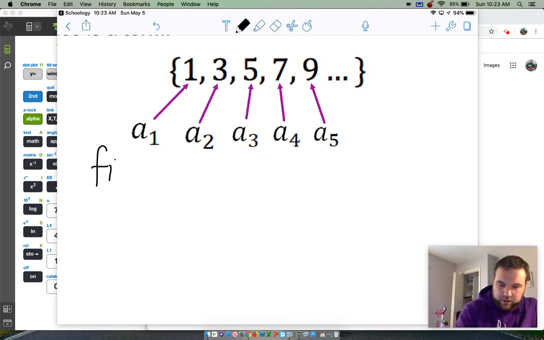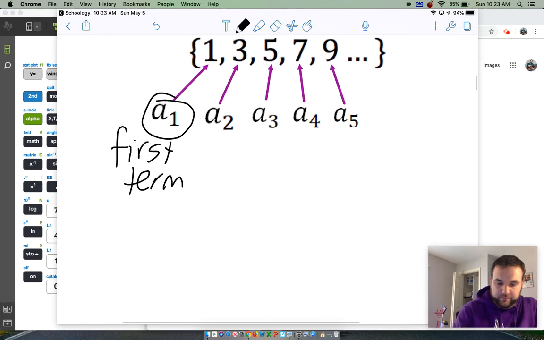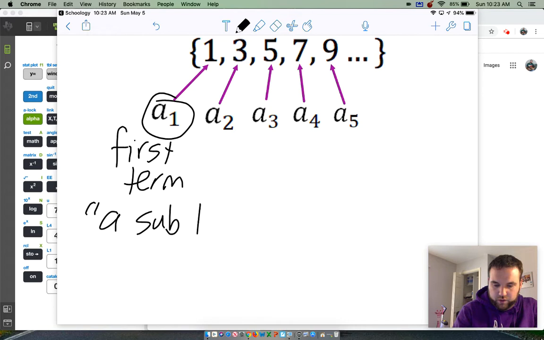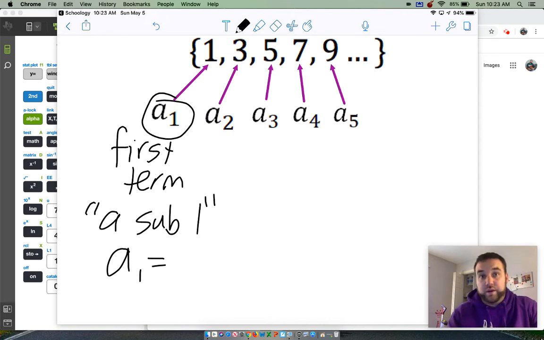And how we designate what term we're looking at is by the letter A with the subscript. How you would say that out loud is A sub 1, sub meaning like subscript. So A sub 1 means what is the first term, and here that's equal to 1.